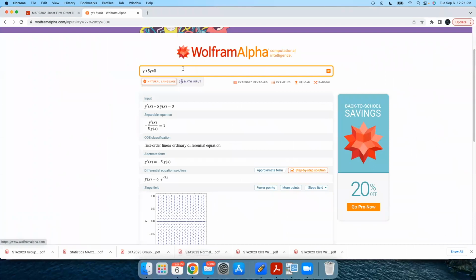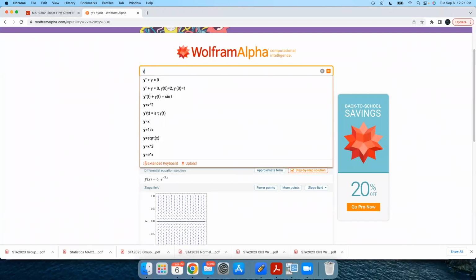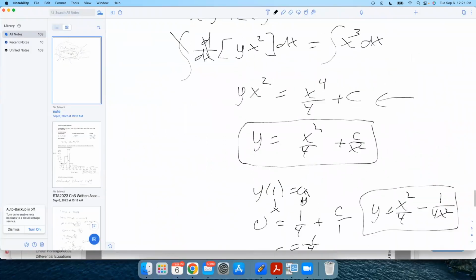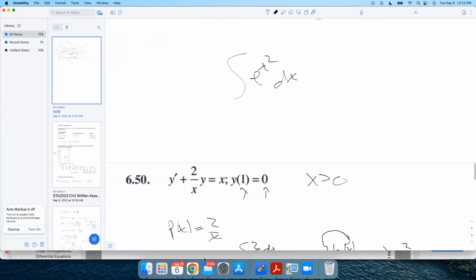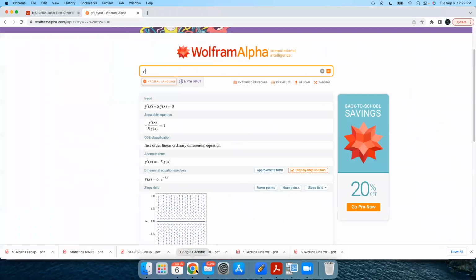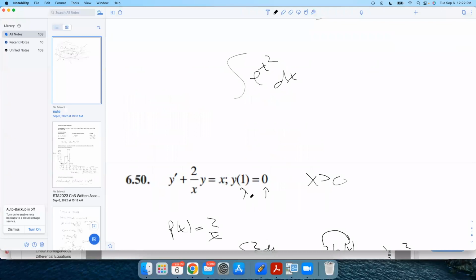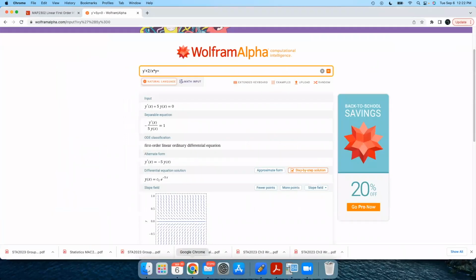Let's check it. That was y prime. I've already forgotten. Plus 2 over x times y equals x squared, and then y of 1 equals 0.